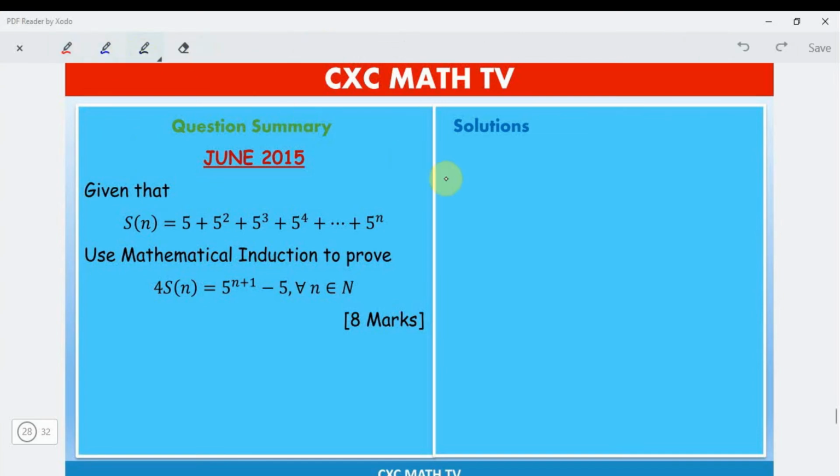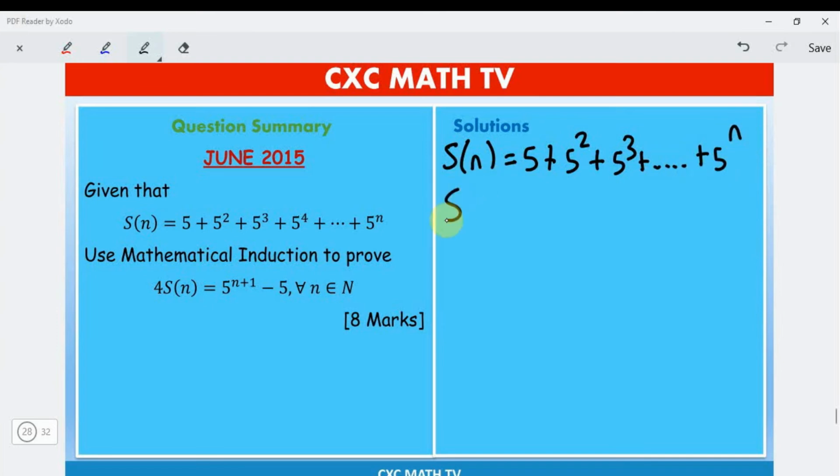Alright, as we attempt this question, the first thing we know we're supposed to do is test out the statement for n equal 1. But before you jump the gun, look at this. Remember, this is Sn, so Sn is equal to 5 plus 5 squared plus 5 cubed plus all the way up to plus 5 to the n.